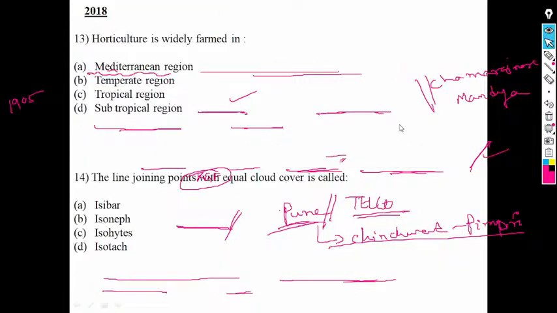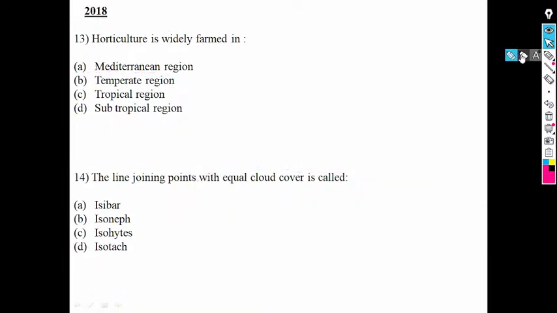Next, see the 2018 question. Horticulture is widely farmed in the Mediterranean region, temperate region, tropical region and subtropical region.